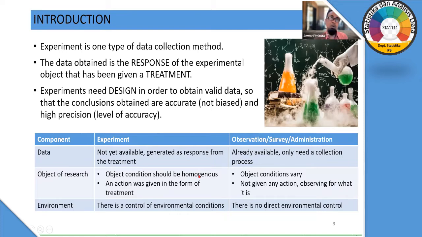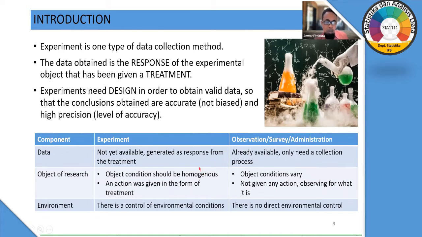For example, if you use mice in your experiment, you try to select mice as homogeneous as possible, in terms of weight, age, species, and so on. But of course, in social sciences, in a survey, the object will not be homogeneous. The condition varies if the experimental objects are humans.